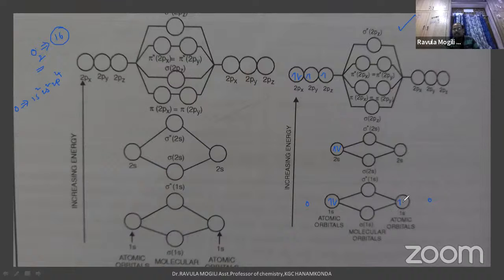Of these 4 electrons, the first 2 electrons enter here, and the remaining 2 electrons enter this orbital.